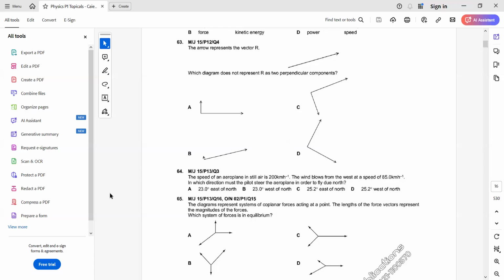So B. B is incorrect. 64 B is incorrect.